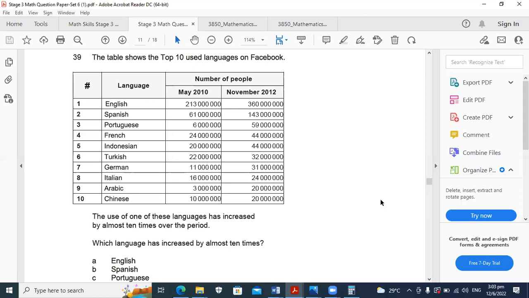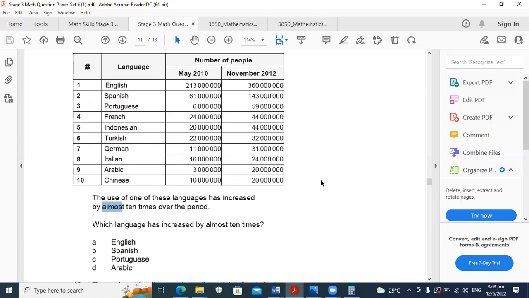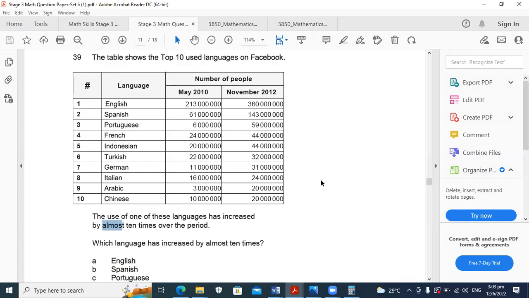The use of one of these languages has increased by almost 10 times over the period. So it didn't say 10 times, it's almost 10. Mm-hmm. So only if you just compare two numbers and see which one doubled or almost doubled, not true?